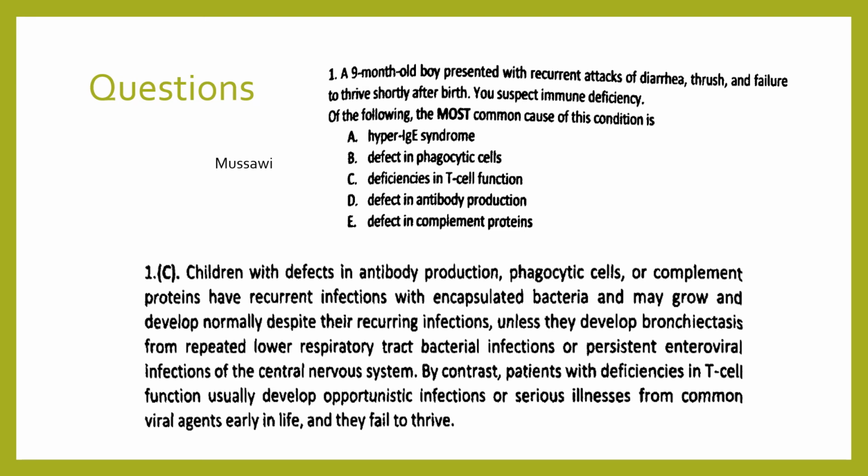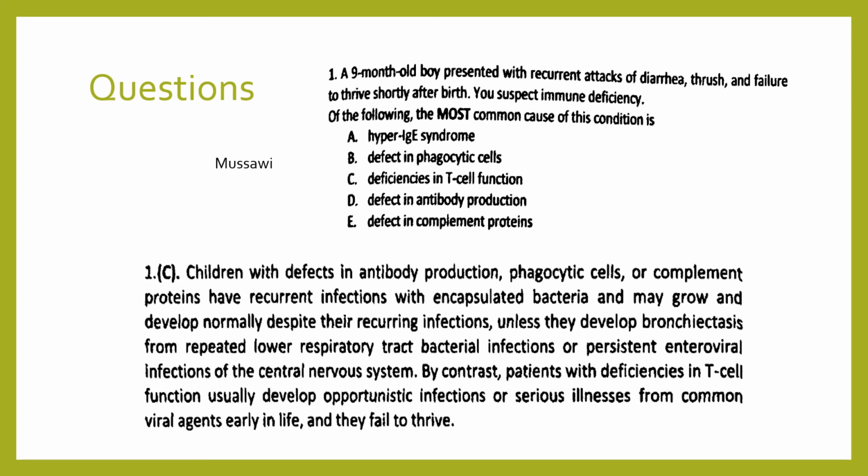Children with defects in antibody. Why? Sorry, before reading the answer, because here in the question they specified it not in general. They specified it as shortly after birth. That's why here the answer is deficiencies in T cell function.